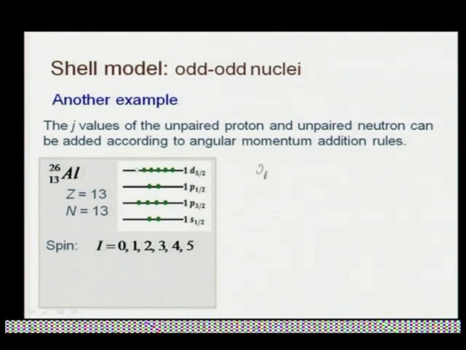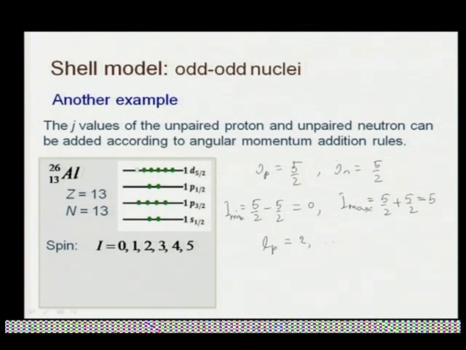J p equal to 5 by 2, it is in the 1 d 5 by 2 state, and J n is equal to 5 by 2, because you have again 13 neutrons. 5 by 2 minus 5 by 2 is the minimum I, which is equal to 0. I max is going to be equal to 5 by 2 plus 5 by 2, and that is equal to 5. So, the possible I values are 0, 1, 2, 3, 4 and 5.